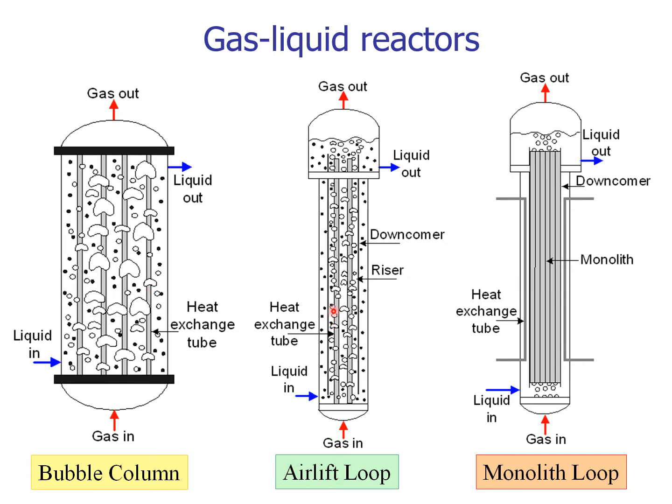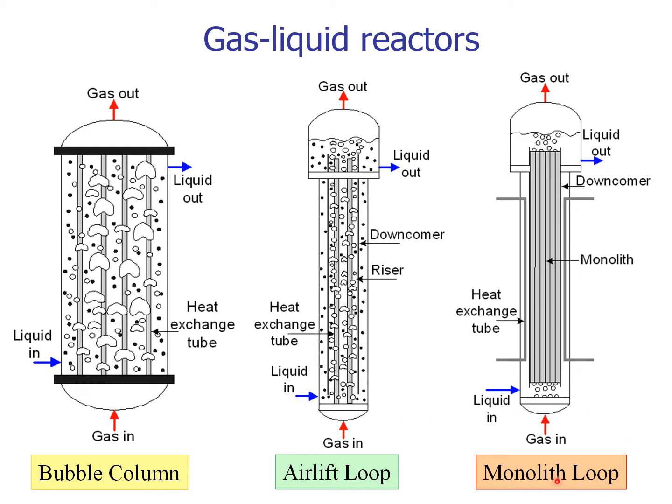This is an airlift loop reactor where we have a gas and liquid upflow in the central tube, and the gas is disengaged and the liquid flows down the downcomer. So the central portion is called the riser, and we have a downcomer. The airlift reactor could also have heat exchange tubes, and we have a liquid inlet here and a liquid outlet here.